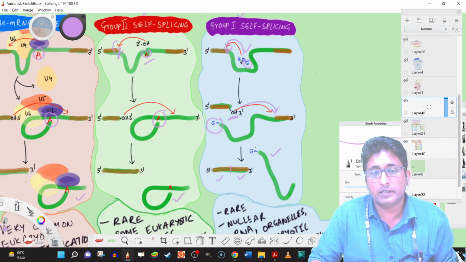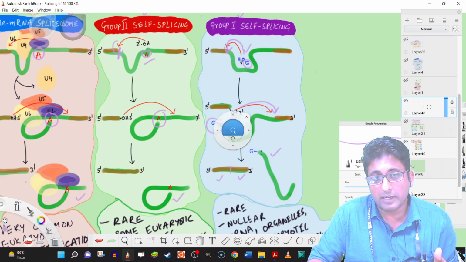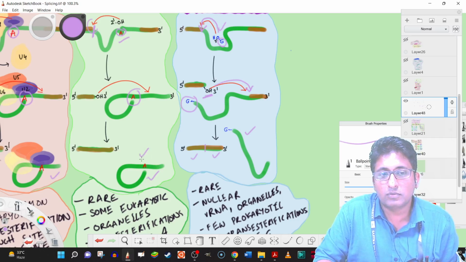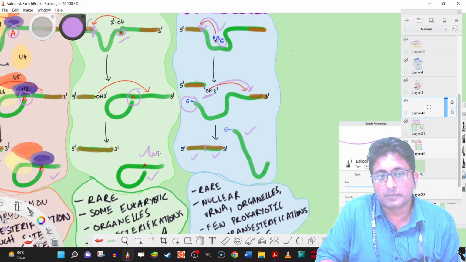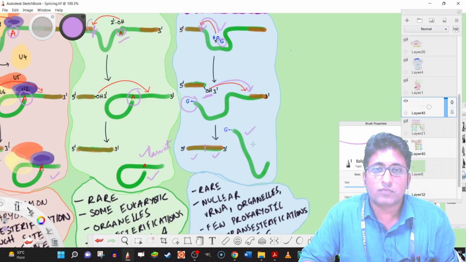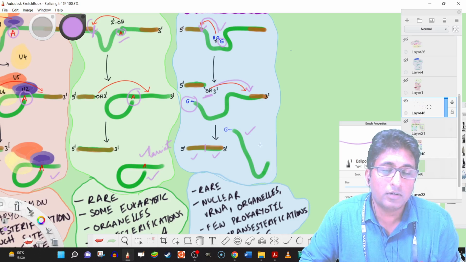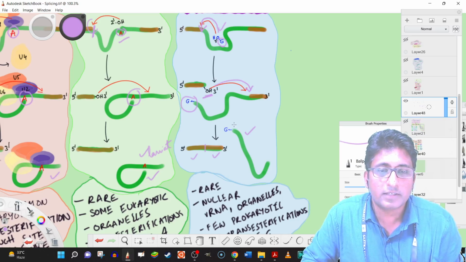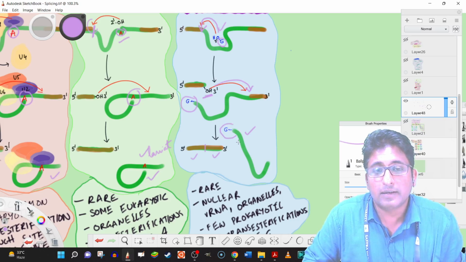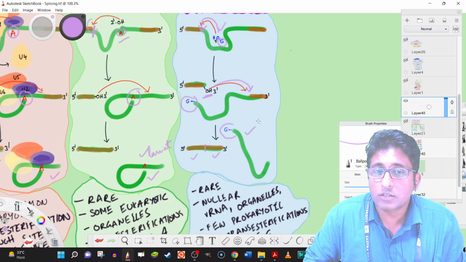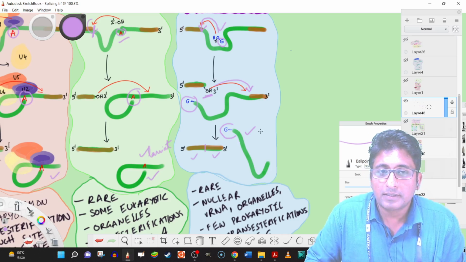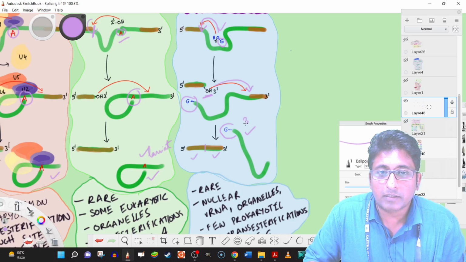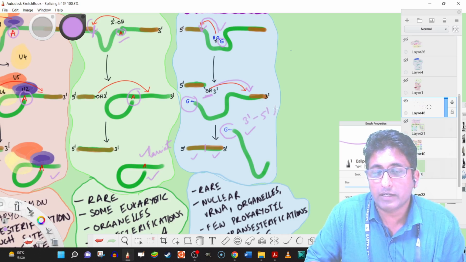And here the end product is a little bit different. If we compare to the group 2 end product, which is a lariat, the one formed in group 1 splicing is a linear one. The only difference is that we have a G added here. This is not like a G cap, because the linkage here is a 3' to 5' linkage.